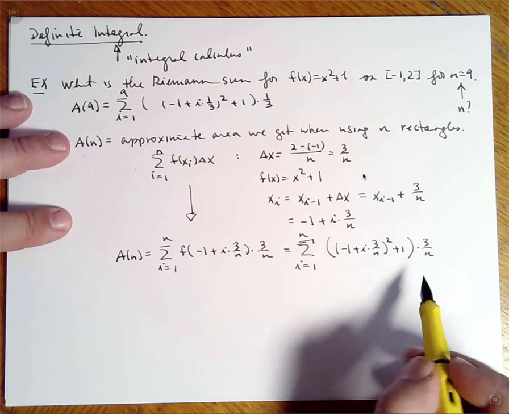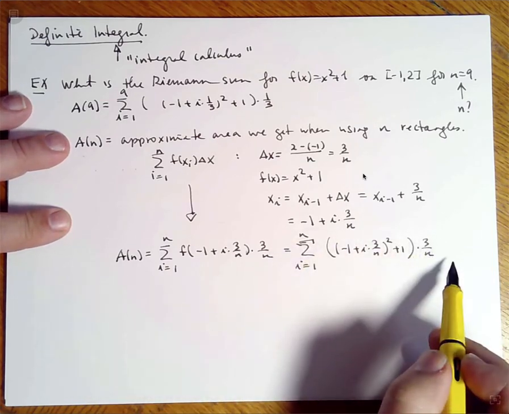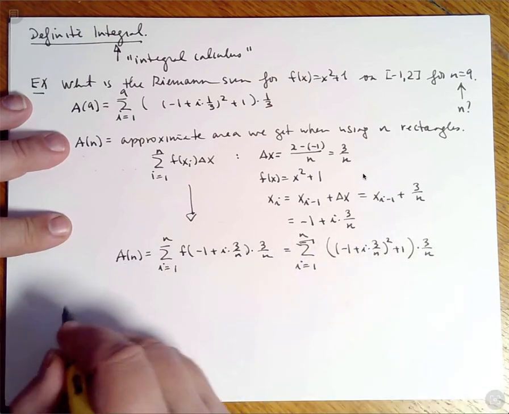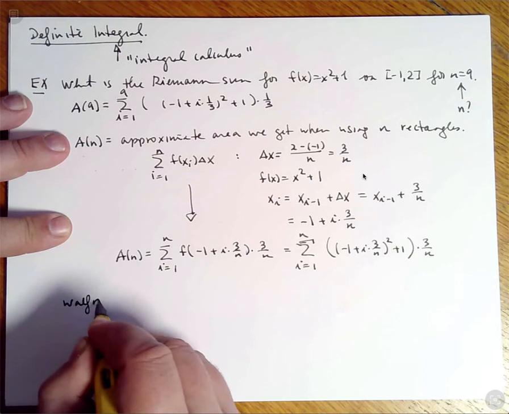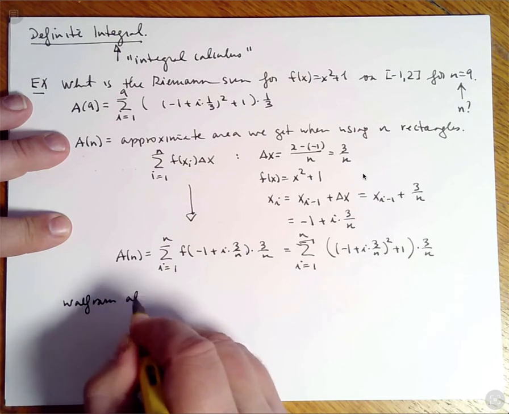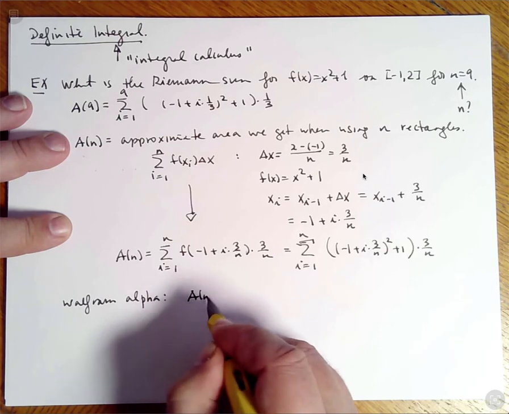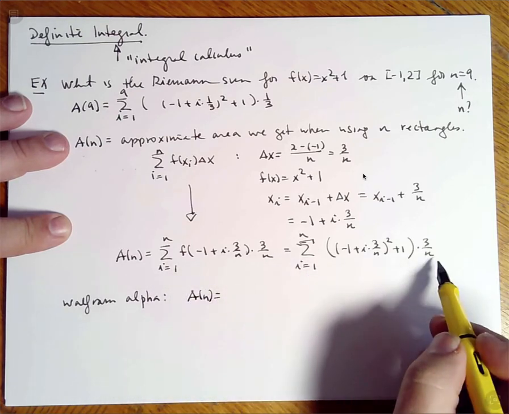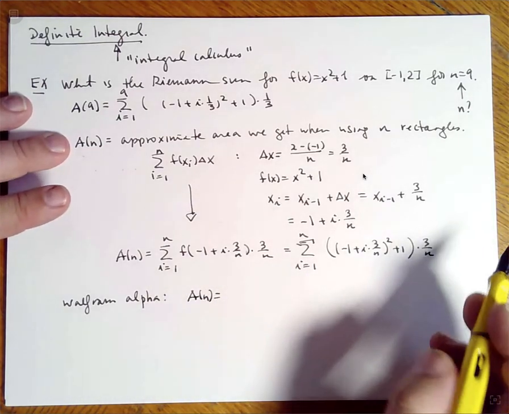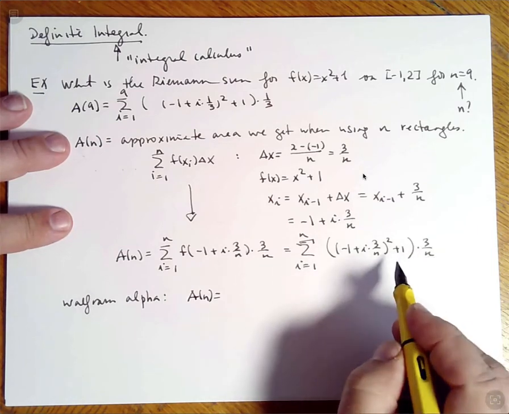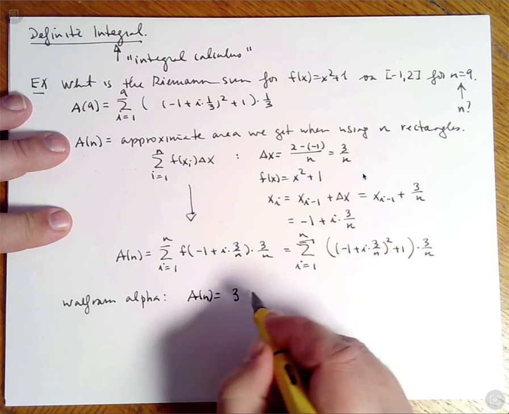Now you can say, well, what do we get? What's this look like for a value of n? Well, you might turn to Wolfram Alpha. And Wolfram Alpha does an interesting thing. If you plug in this sum, if you say sum of all this as i goes from 1 to n, Wolfram Alpha is going to give you this funny expression back.